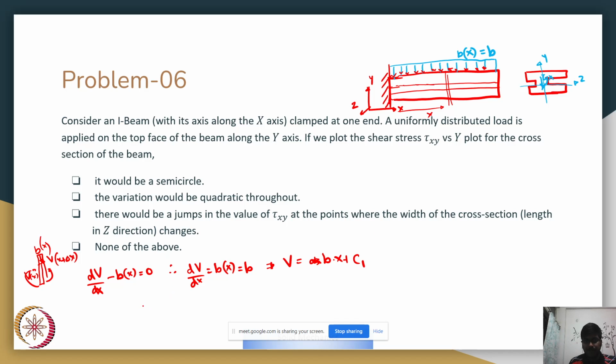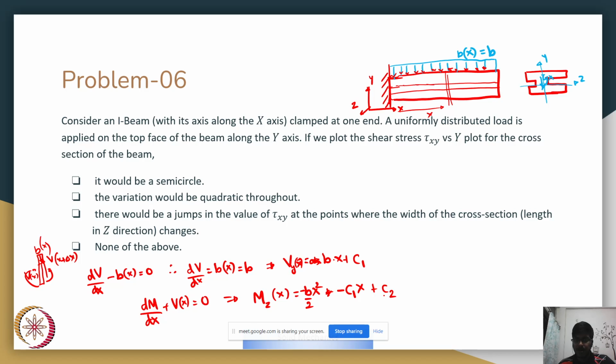Similarly, if I look at the moment, then we have dm by dx plus v of x is 0, which should give you Mz of x to be of the form b by 2 minus b by 2 x squared minus c1 x plus c2. Something like this would be your M plot.